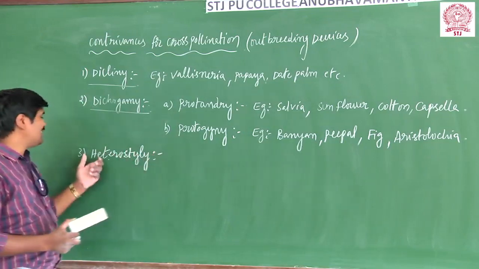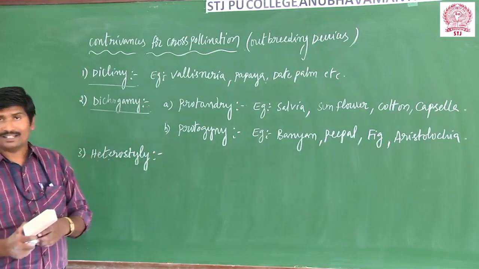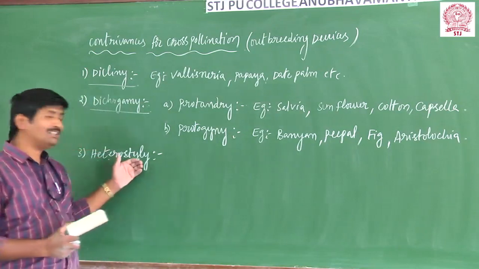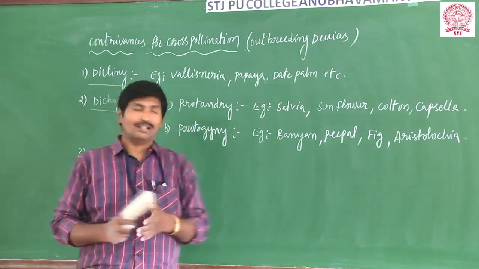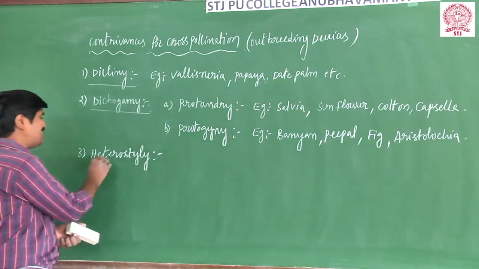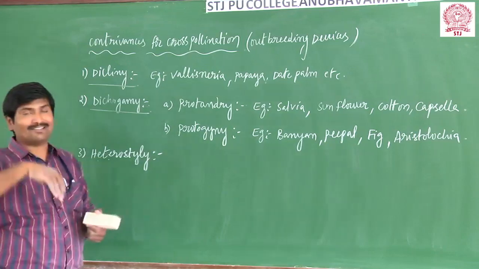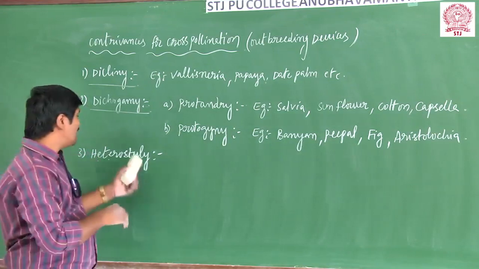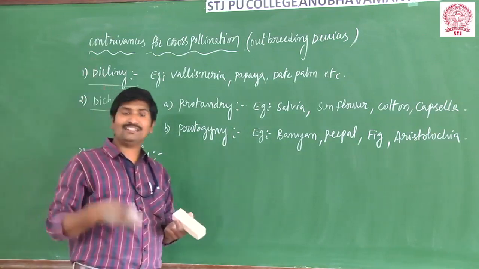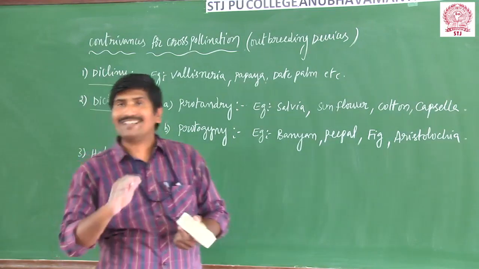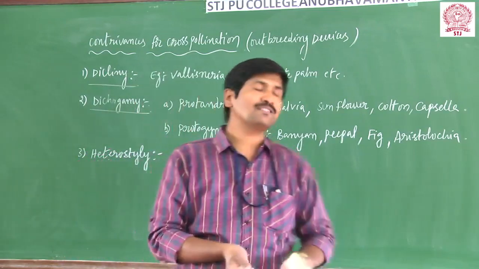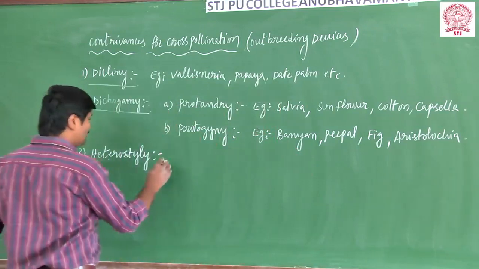That is known as heterostyly. The different length of the filament of stamens and the different length of the style. When there are different lengths of the filament of the stamen and of the style, that maximally avoids self-pollination. They promote cross-pollination.